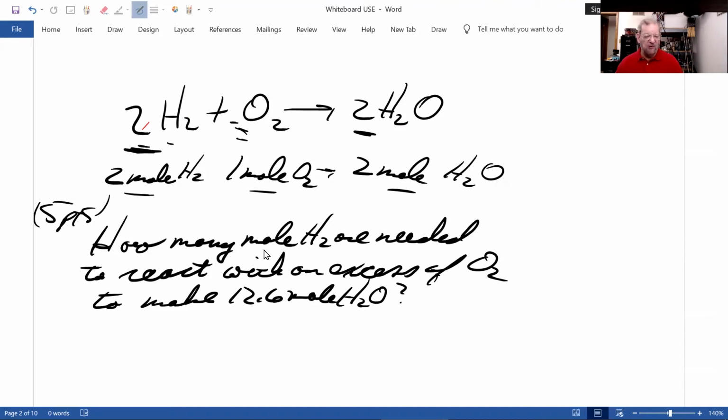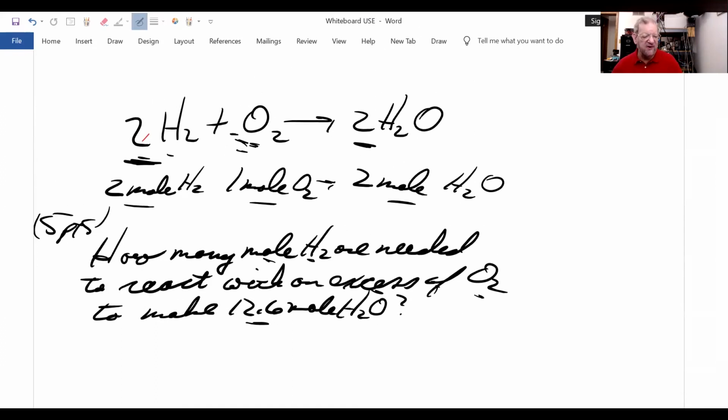And let me decode this for you. How many moles of hydrogen are needed to react with an excess of oxygen? That just tells you you have all the oxygen in the world to react with whatever hydrogen can react, to make 12.6 moles of water. Well, what do we do? We come over here and find out, what are we trying to find?